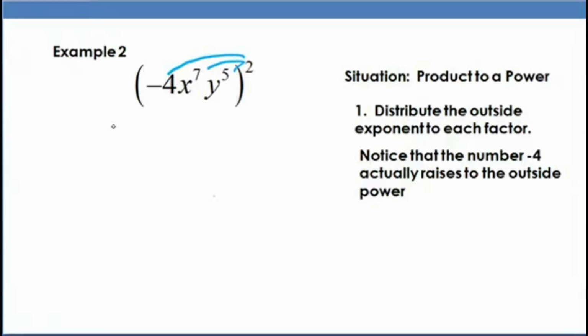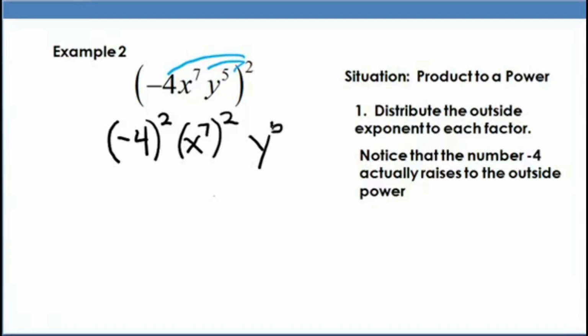So we will need to keep it inside parentheses, so it will go to the power. We have x to the 7th to the 2nd power, and y to the 5th to the 2nd power.